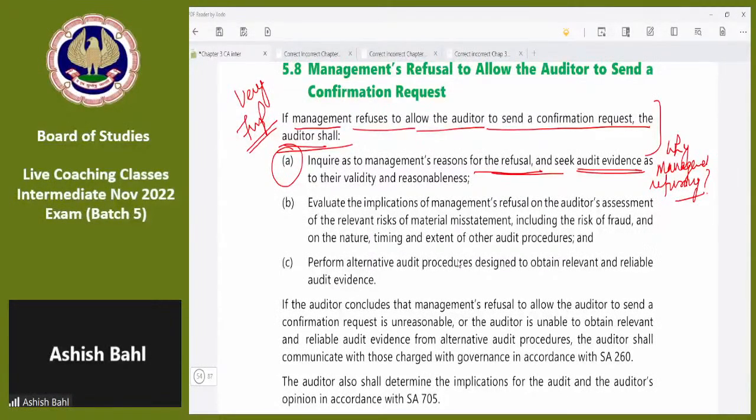There might be in fact some genuine reason, some practical situation, that out of 10 the communication address of 1 party has not been provided, or the name of the person to whom the confirmation is to be addressed, his designation, has not been provided. There might be a practical reason to it.